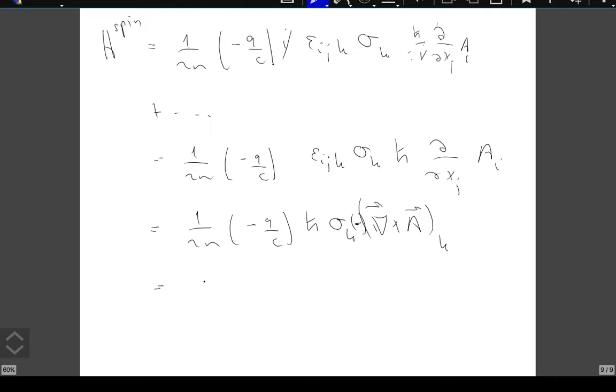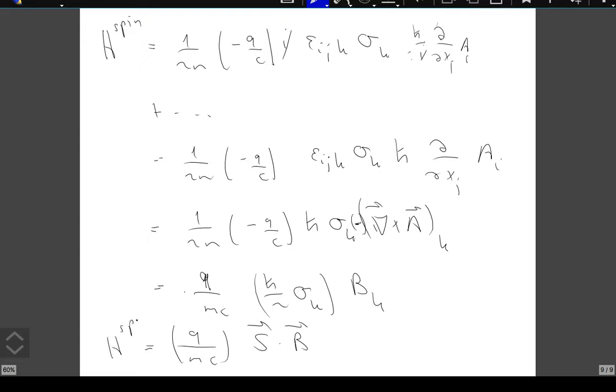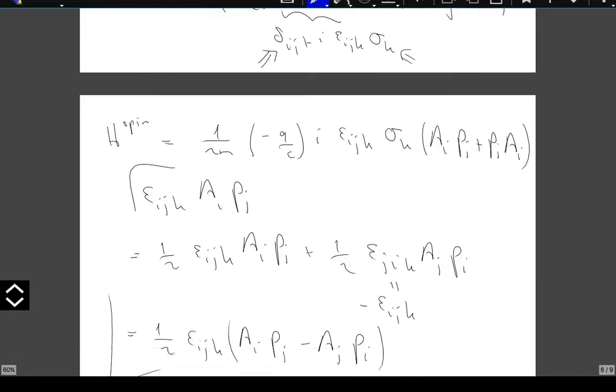And finally, we have 1 over 2m, minus q over mc, h bar over 2 sigma_k times B_k, that is, minus q over mc S dot B. Well, q over mc was nothing but the magnetic dipole moment.